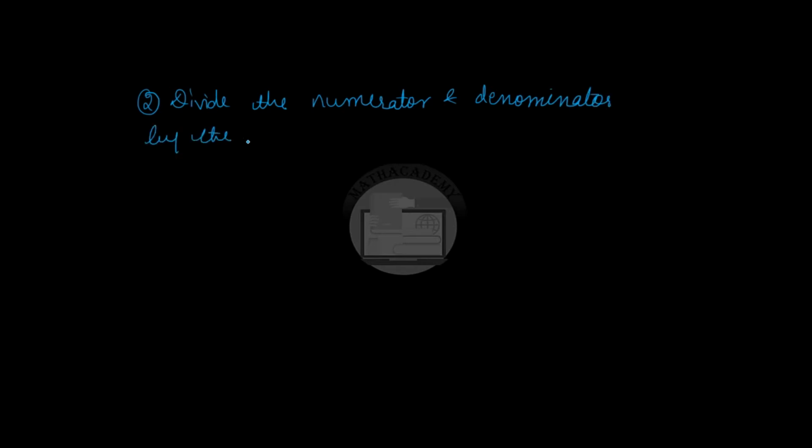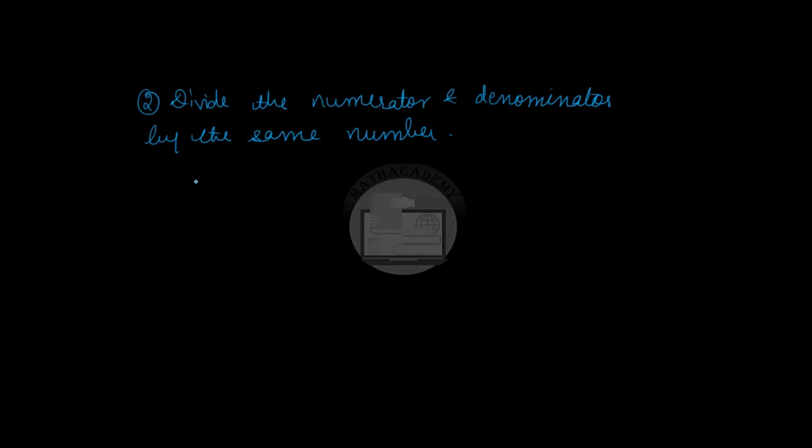Now, what's the second way of forming equivalent fractions? The second way of forming equivalent fractions is to divide the numerator and denominator by the same number. Let us see an example.